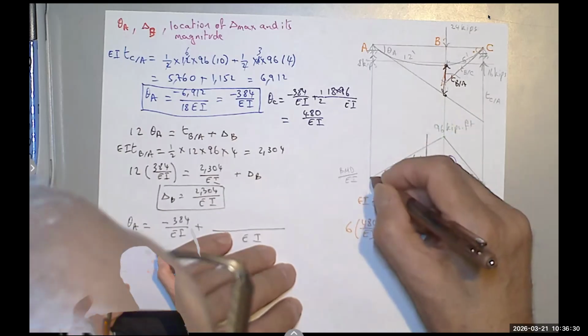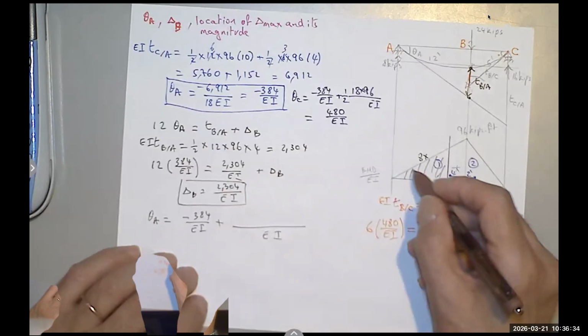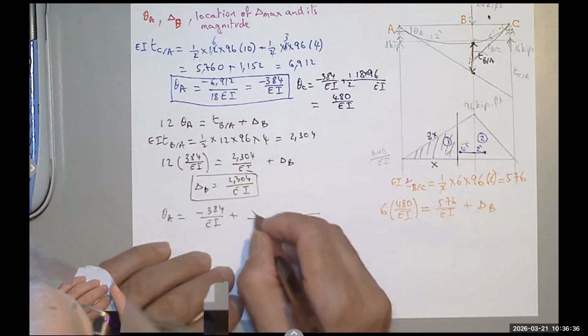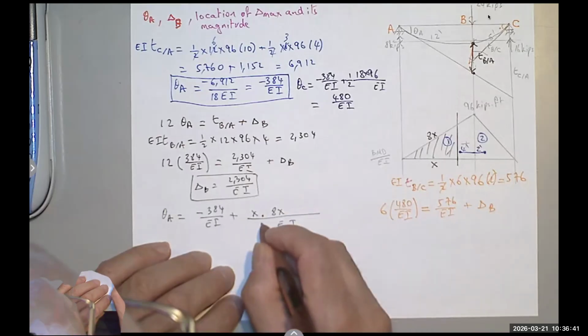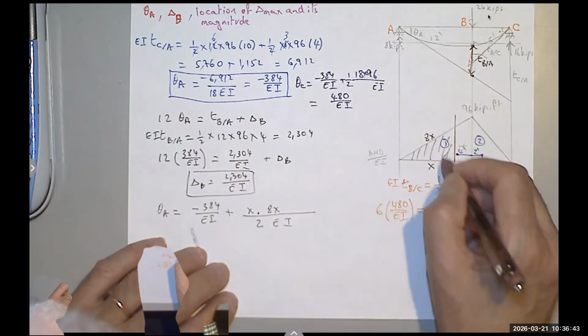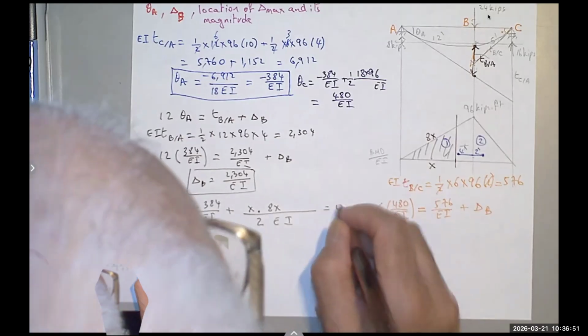So the equation of this line is 8x. So this area right here is x times 8x over 2. That will give me the area of the triangle. Correct? And now I equate that to 0.